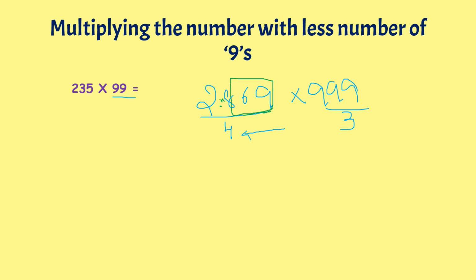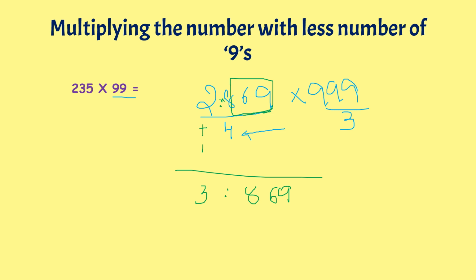So before 869 I am going to mark the colon. The next step is to add 1 to the existing number before the colon. So how much does it become? 3869.